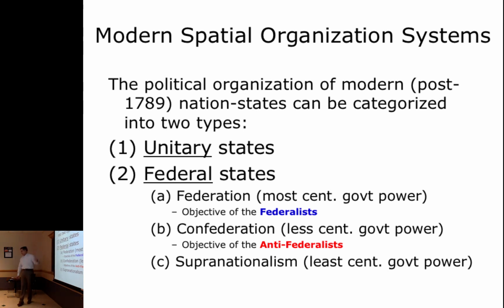A unitary state has basically one sovereign, right? And that sovereign has, for the most part, ultimate authority over the rest of the country. Federal states, federalism, or federations, as you might call them, have two sovereigns, okay? One for the entire country, and then one for the region.